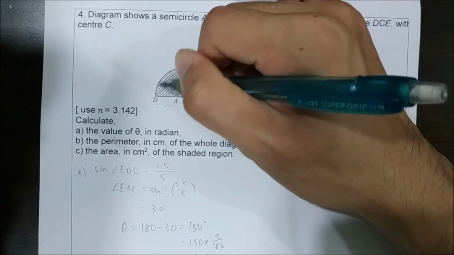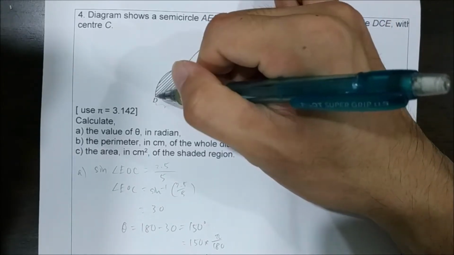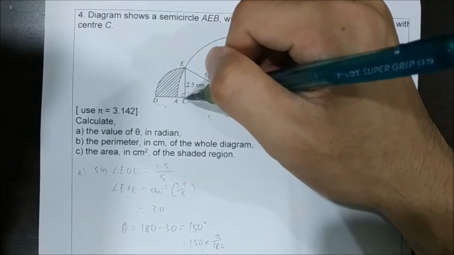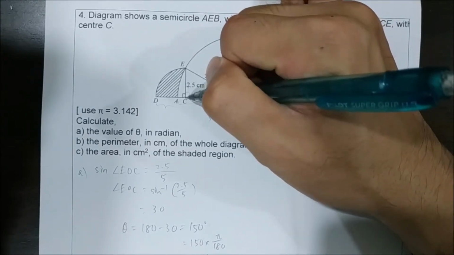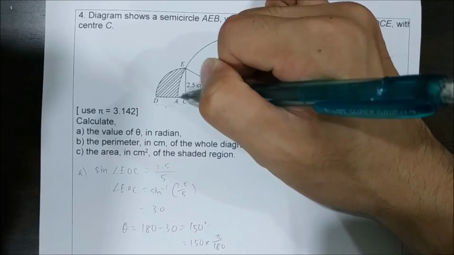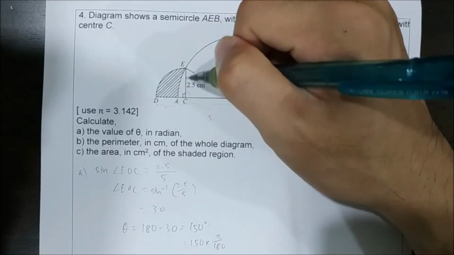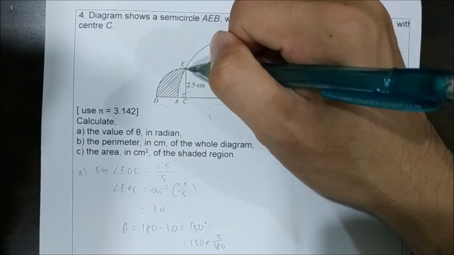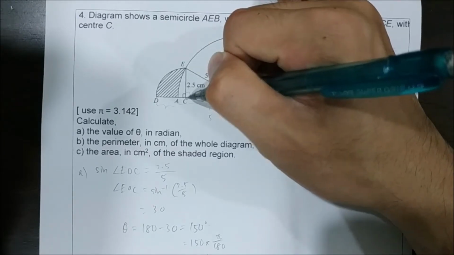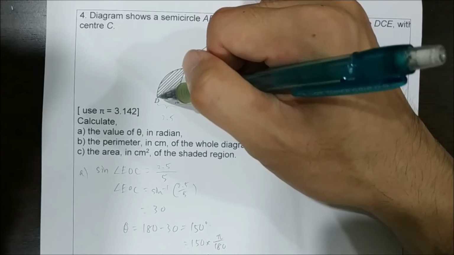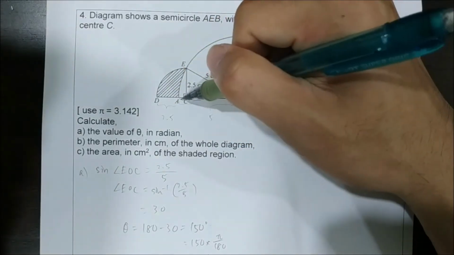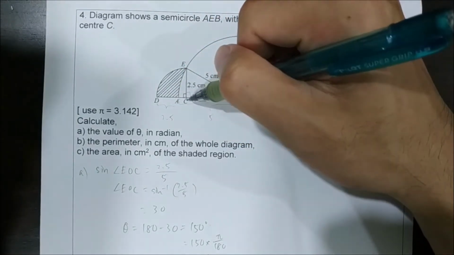Since EDC is a sector or quadrant of a circle, EC is the radius of this circle, and DC has the same value as EC. So DC is 2.5. However, DC and AO overlapped at AC.